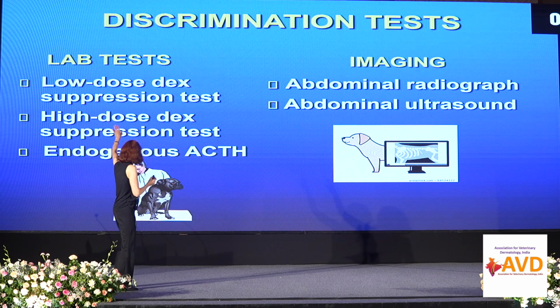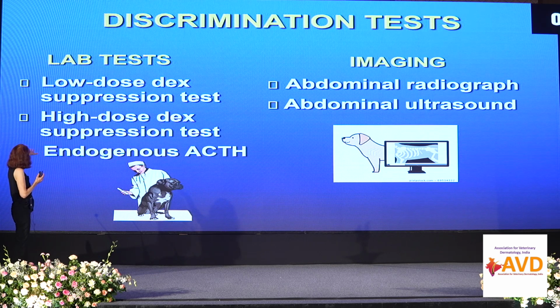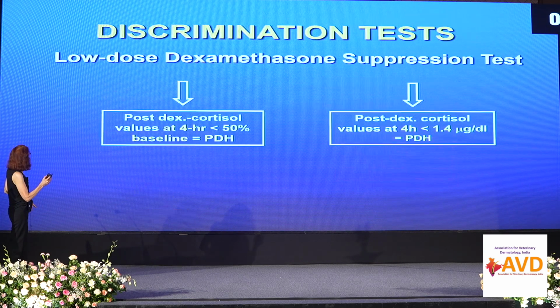Then you have the laboratory tests. You can use the low dose, we mentioned that, 60% of the time you can localize the disease. The high dose, you're using here 10 times the low dose, and endogenous ACTH. And you have the imaging, abdominal radiograph and abdominal ultrasound.